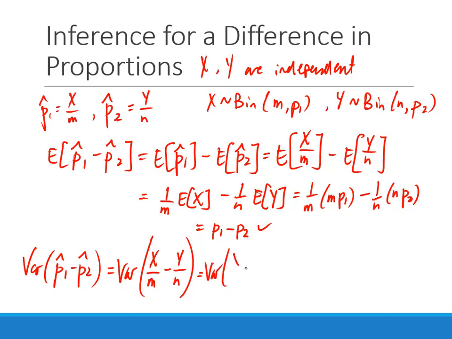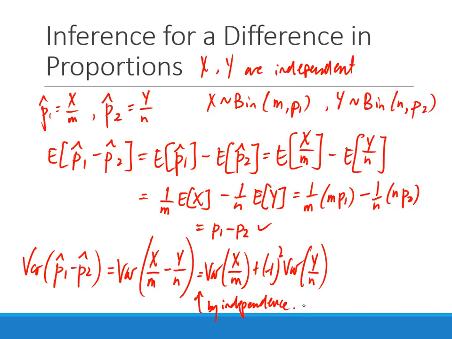So this is the variance of X over m, and the negative 1 is squared, so that goes away, plus the variance of Y over n. This is by independence, the same kind of thing we've been doing all along. Then we can pull that denominator, square it, and pull it outside. And then what's the variance of a binomial? Do you guys remember that?